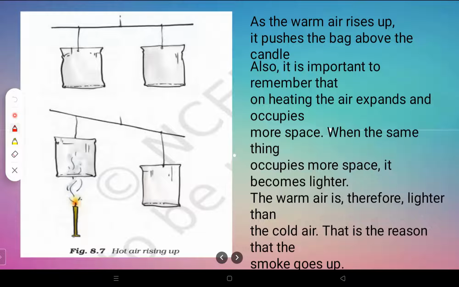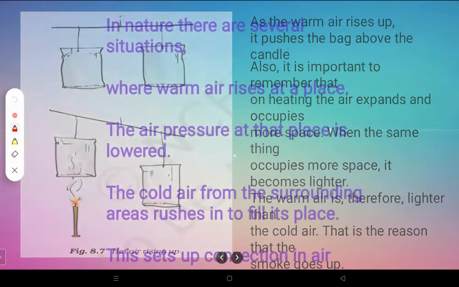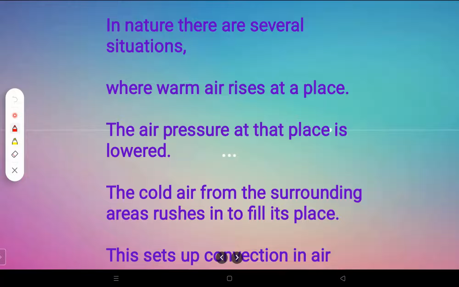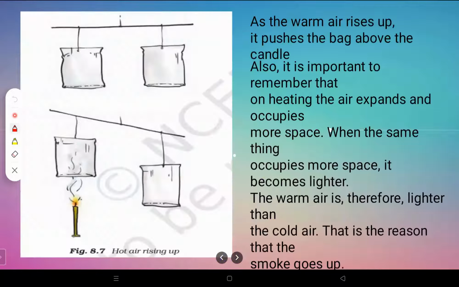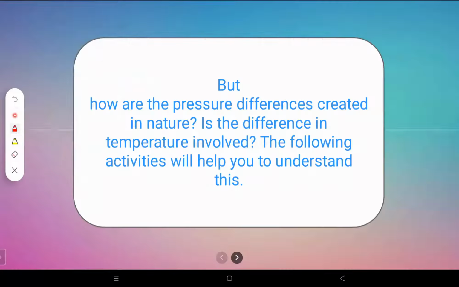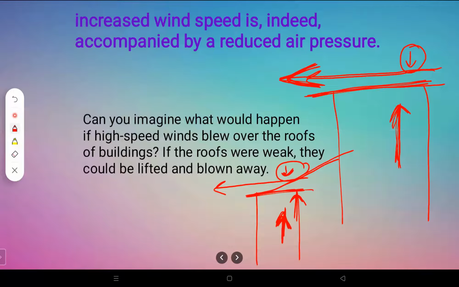Don't go with this experiment, you will get confused. So, there are several situations about which we had studied. Let's conclude them. What are the things we studied?